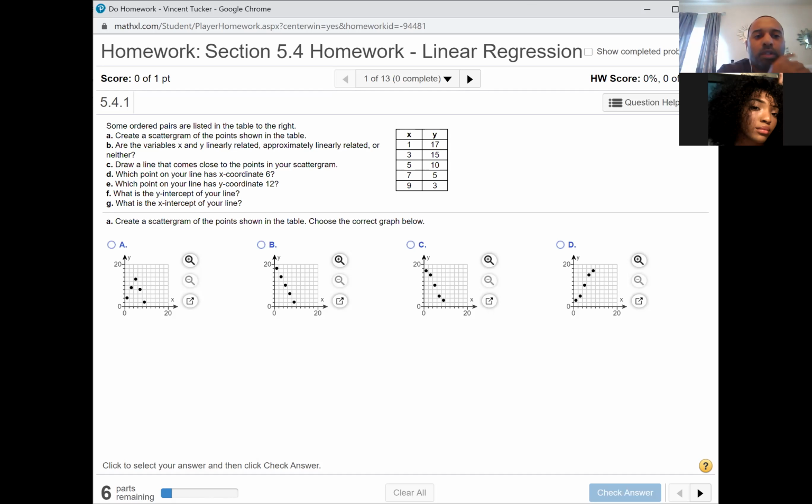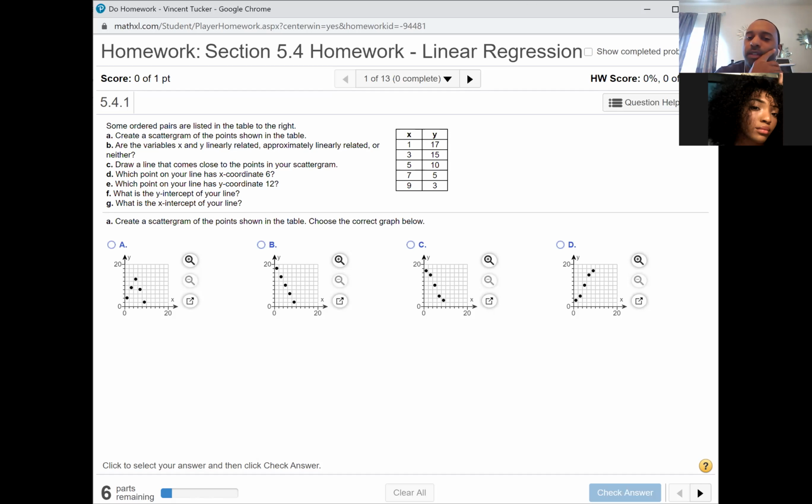This first one says create a scattergram. A scattergram is just plotting points. Normally it's just in the first quadrant, and you use that plotting to be able to compare data and do estimates and so on. So you want to look at these points.